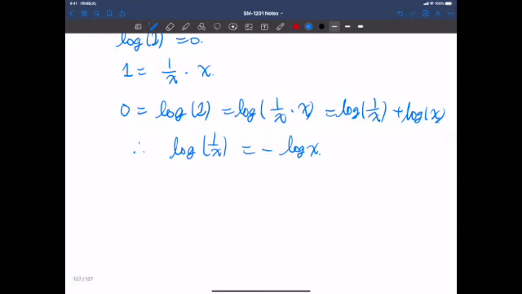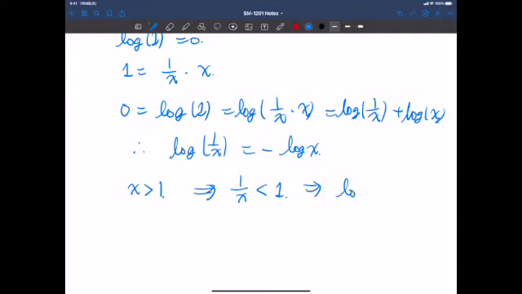So this means if x is greater than 1, then 1 over x is less than 1. So log of x can be... in this case, okay, wait a minute.